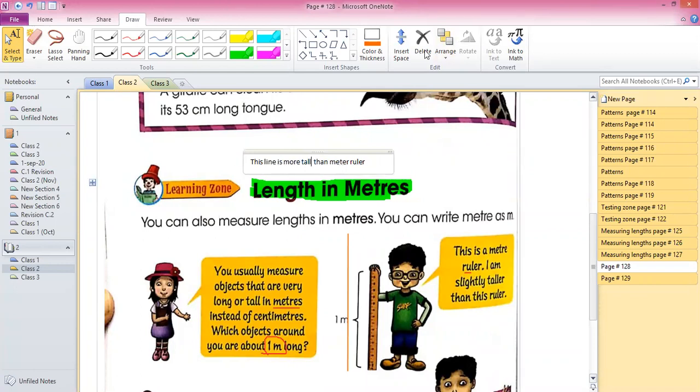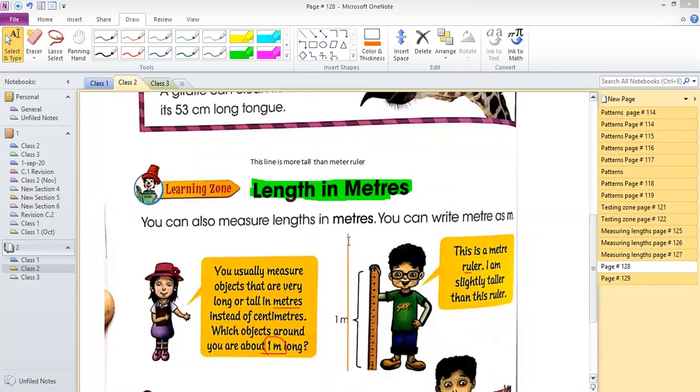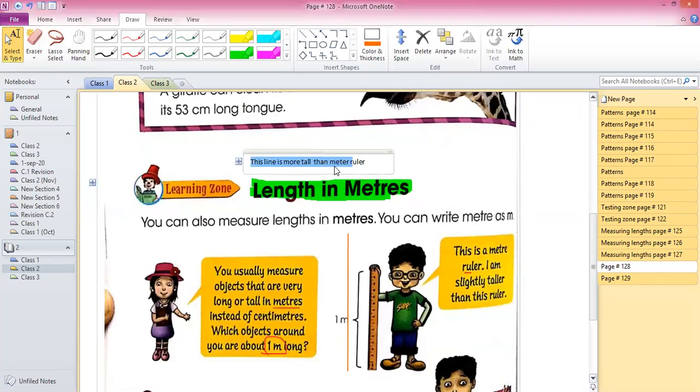Is that clear, guys? Where will you use more tall? Is that clear? No problem. Yes, sir. Because the line is big here. The line is taller here. Okay, yes, that's very good. So you will say, sir, the line is more tall than the meter ruler.